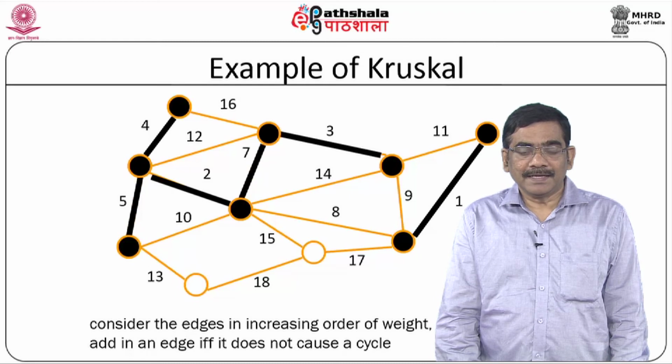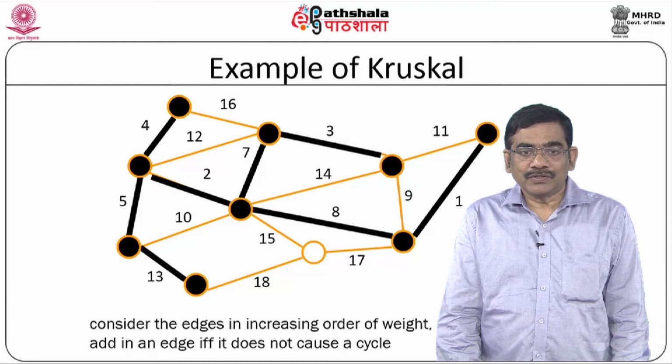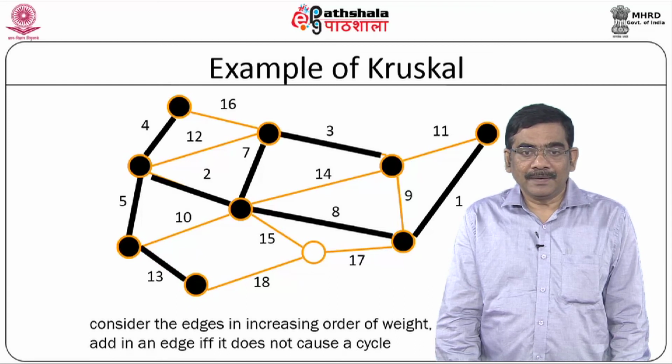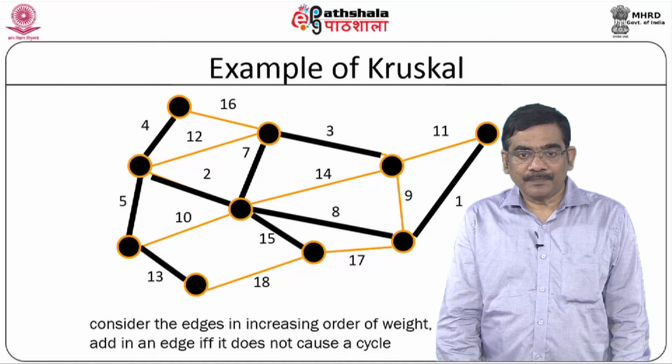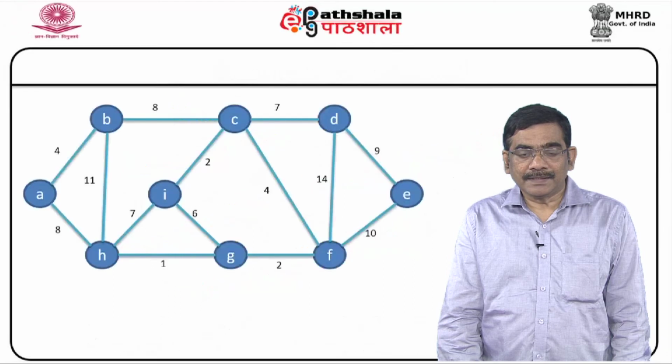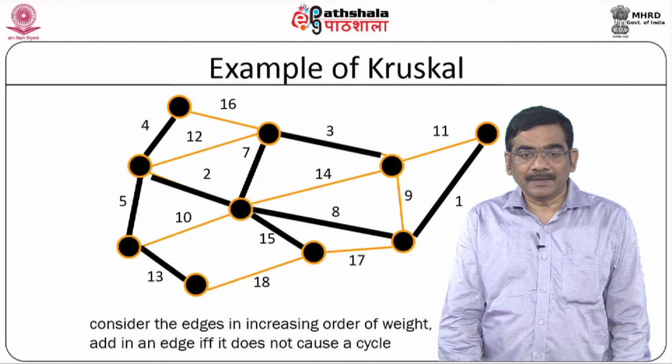You can see that 7 is also not a problem, 8 we can add because it does not create any cycle, but 9 we can't add because it would create a cycle. 10 we can't add, 12 we can't add, so 13 is possible. Now you can see that this is the spanning tree that we have.